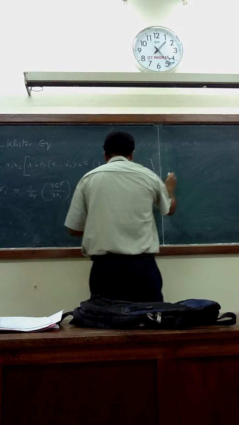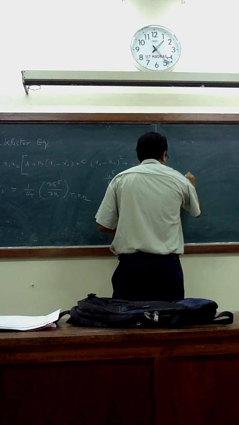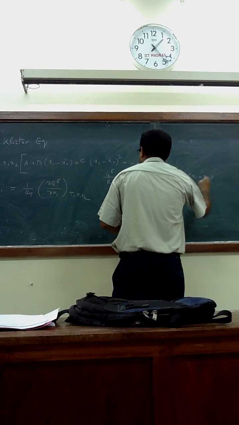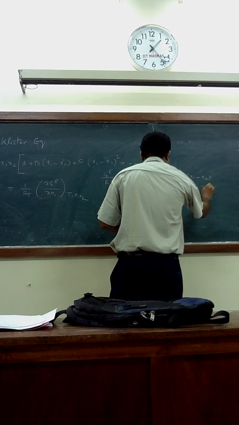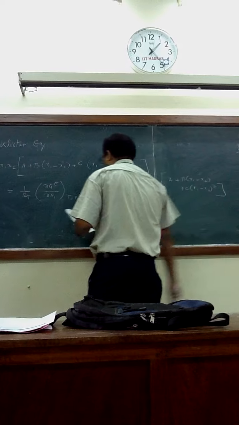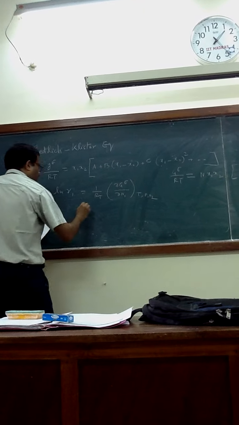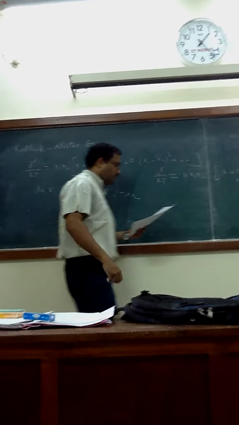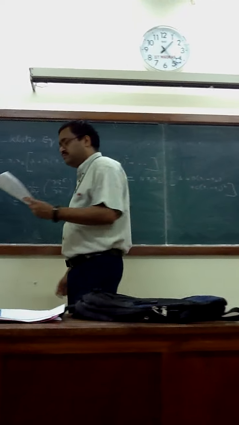Let's see what we can do later. A plus B into (x1 minus x2) plus C into (x1 minus x2) whole square, and everything, the higher order terms. If you take this one, how to handle? Dou by dou n1.